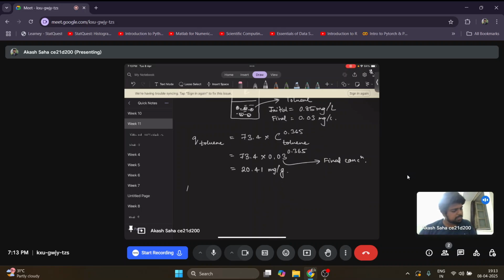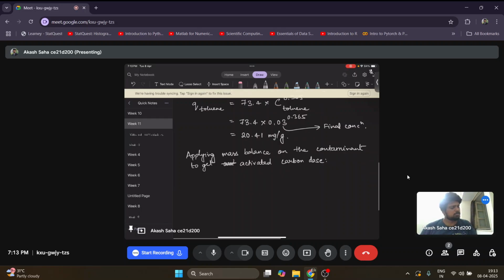Now we will apply the mass balance on the contaminant, toluene, to get the activated carbon dose.